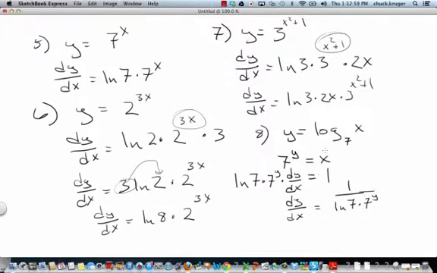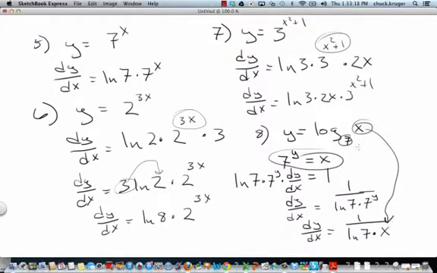But 7 to the y up here is the same as x, so I can rewrite my dy/dx as 1 over the natural log of 7 times x. Now notice, here's my base, here's my answer. So the shortcut would be directly going to here. Now if you also notice, the derivative of x is 1, and we'll see how we approach that in our next problem.